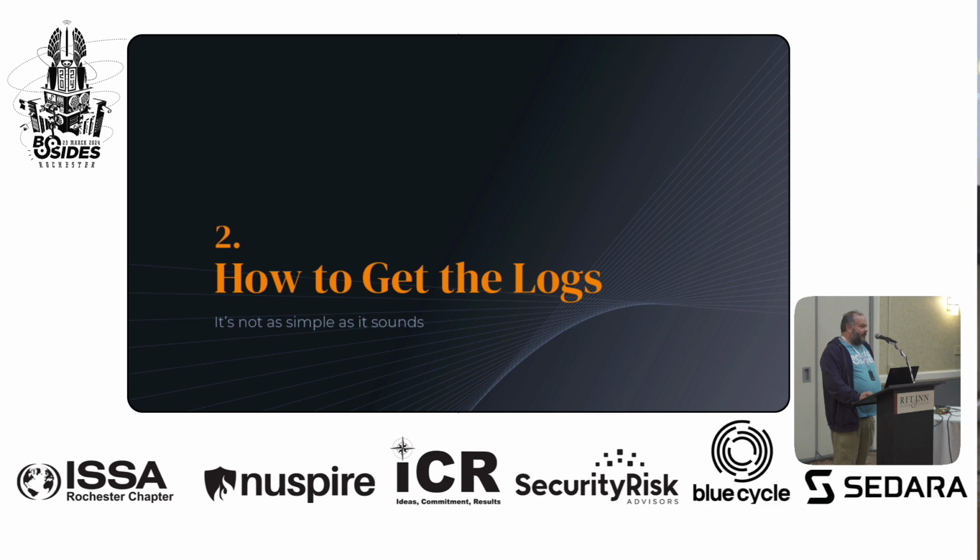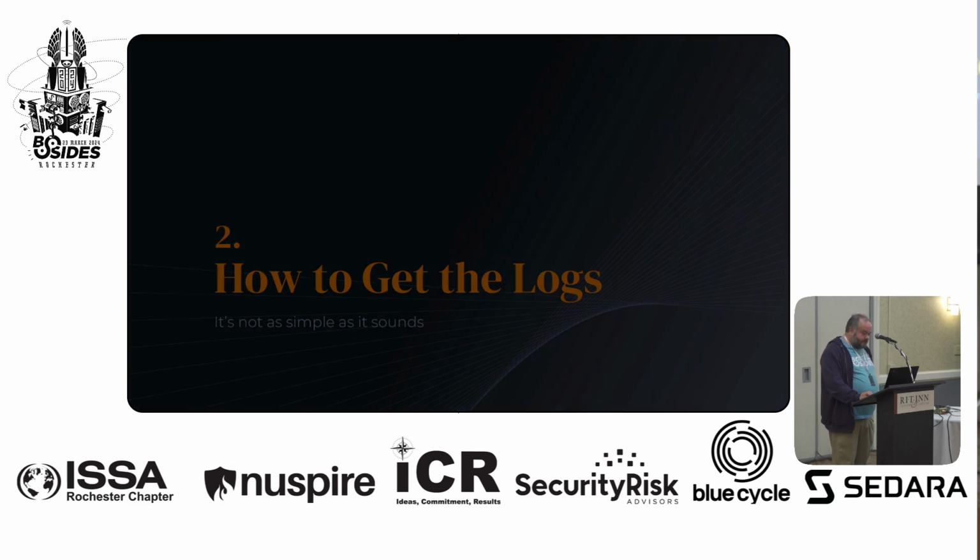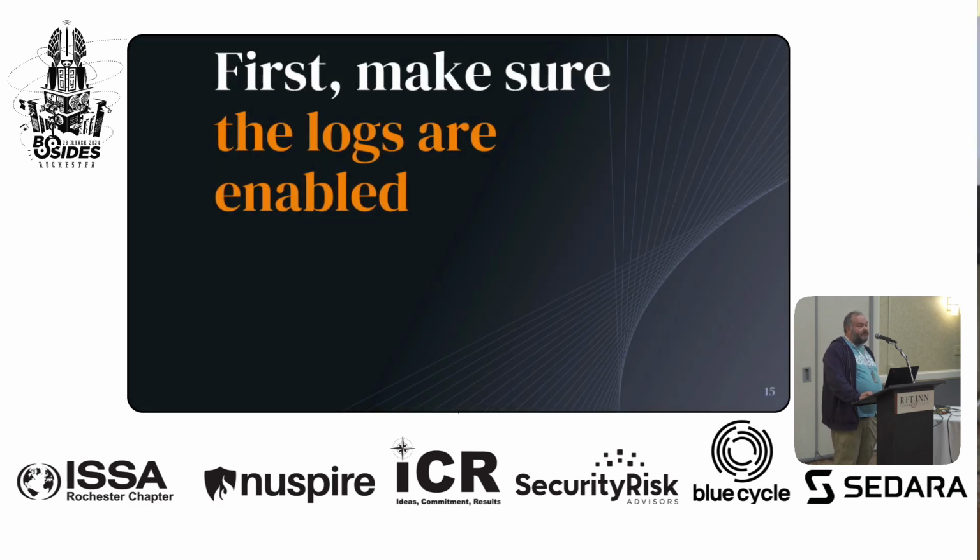So it's not as simple as it sounds. This is how we gain access to these logs and start to see them. First thing that you have to do is to make sure the logs are enabled. There's a couple of ways to do this. You can go to the Purview Compliance portal. The link is right there. And you can enable it via the web UI from there.